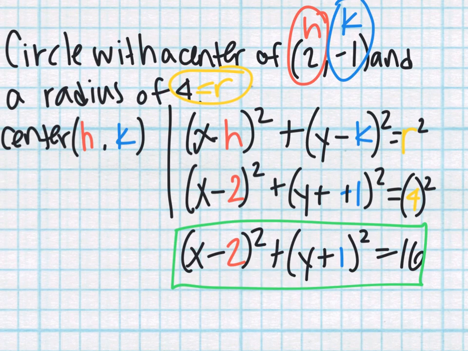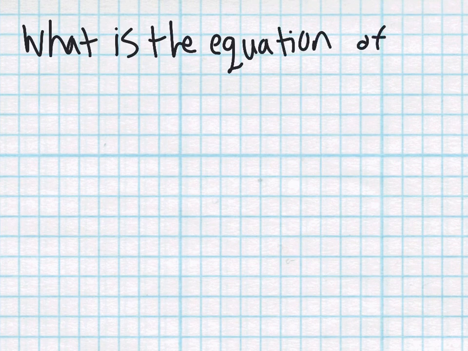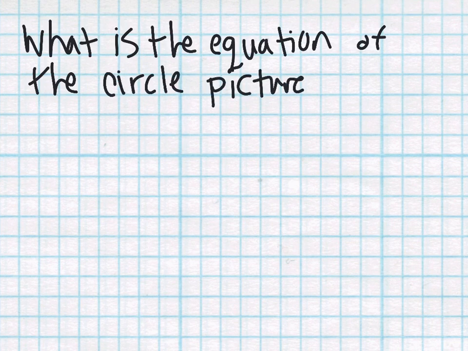So I'm going to have you writing some equations and taking some equations and finding the center and radius. Let's do one more example before we go. What is the equation of the circle pictured below?